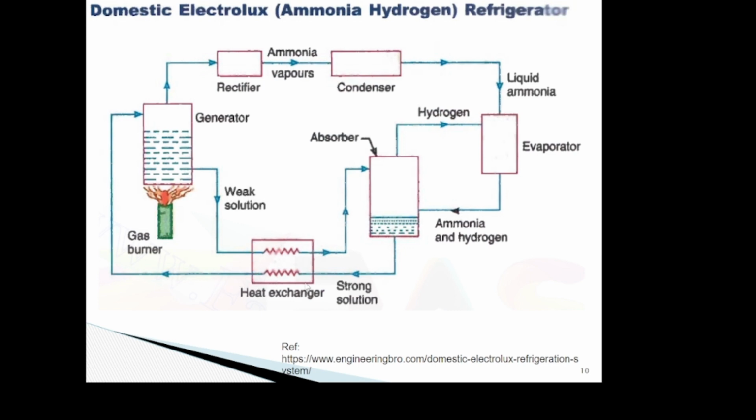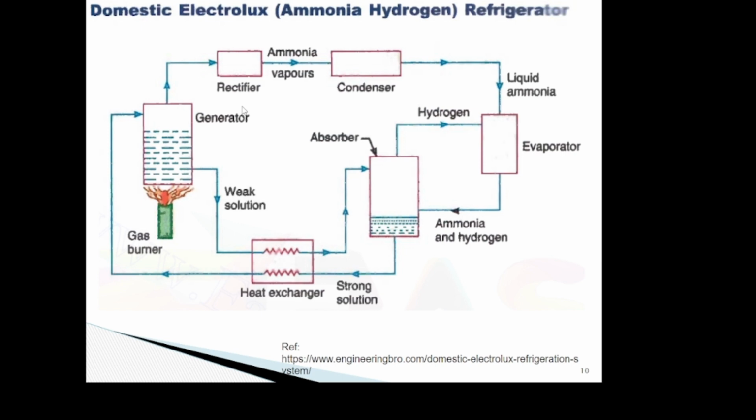So by installing the heat exchanger, heat exchange takes place between the weak solution and the strong solution. So the strong solution gets the higher heat, so less heat is required in this generator assembly. So the overall performance of the system is increased by using these accessories such as the heat exchanger and rectifier.